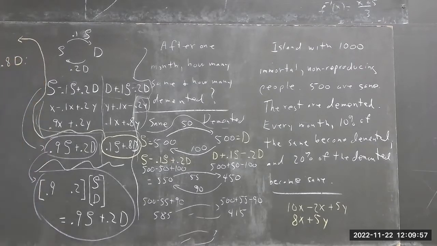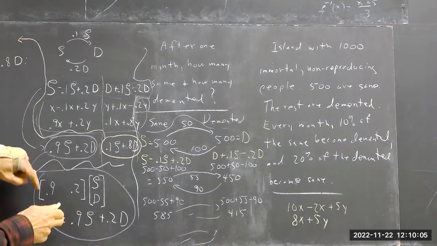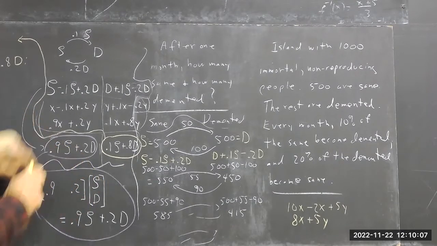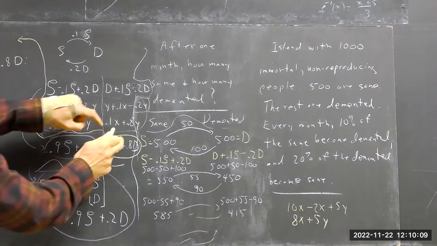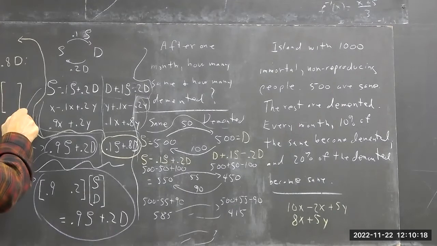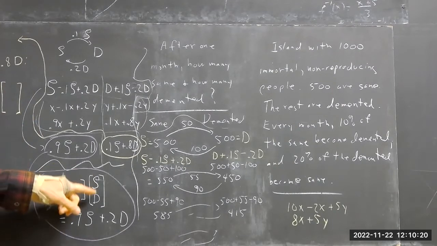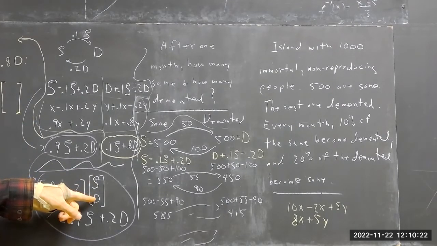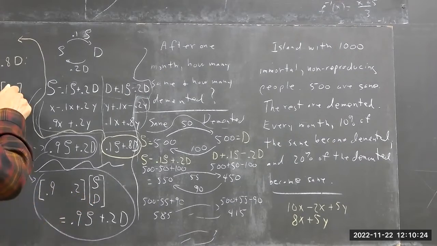To get 0.1S plus 0.8D, we're going to imitate what we did here. The same way that this calculation gives us this, we want a calculation that will give us this. Now, there are a couple of ways this could be written out, but we want to keep the SD order intact.